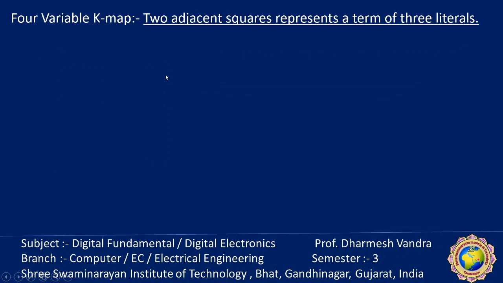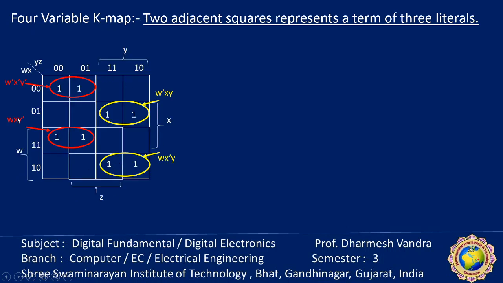Let's take one example. How do two adjacent squares represent 3 literals? How many different combinations are possible? Suppose here in this picture, red shows W0, X0, Y0 and Z0. Here 0001, so only the Z value differs.